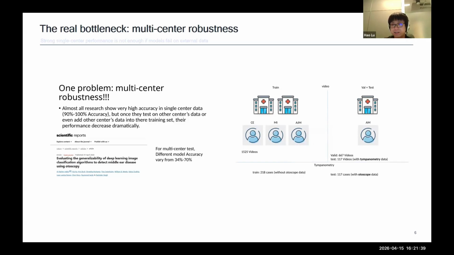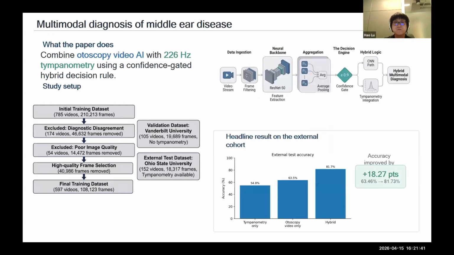By building this data set, we create a multimodality diagnosis model, which not only uses the otoscope video information, but also tympanometry data.